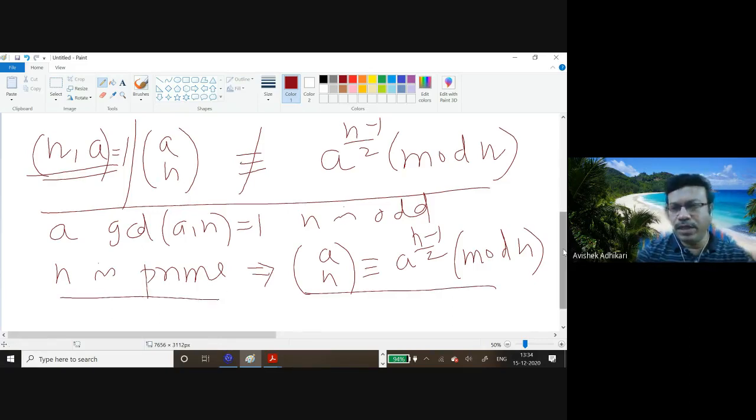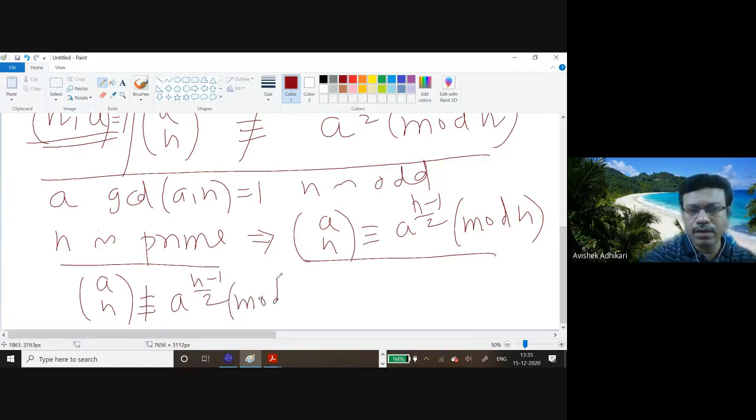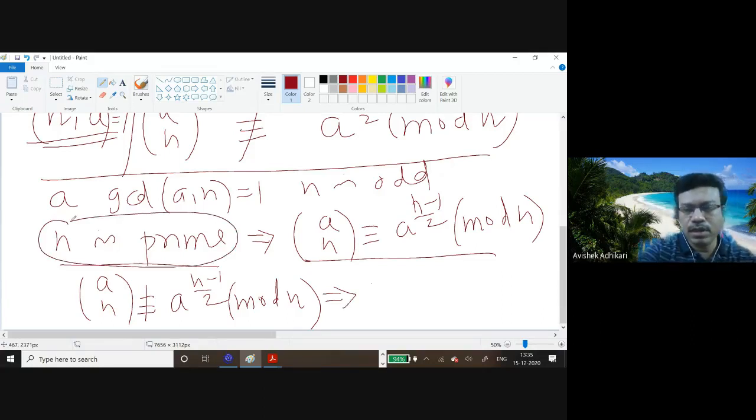So what would be the negation of this? If this does not happen, (a/n) not equal to a^((n-1)/2) modulo n, that will imply the negation of this. That means n is composite.